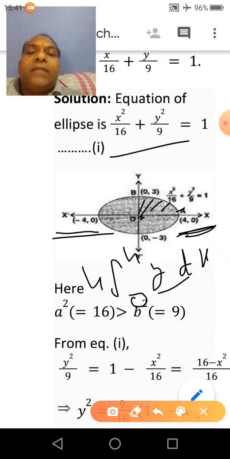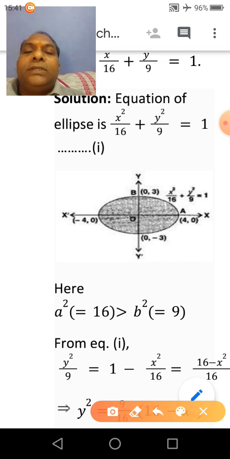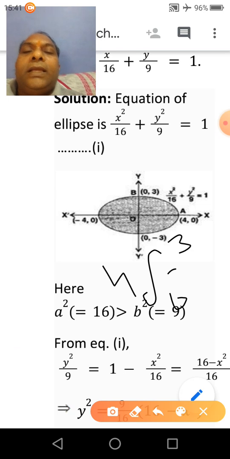And second method, you can use the limit of y, then you can use the formula to find the area of the ellipse, which will be 4 into integration 0 to 3 x dy.